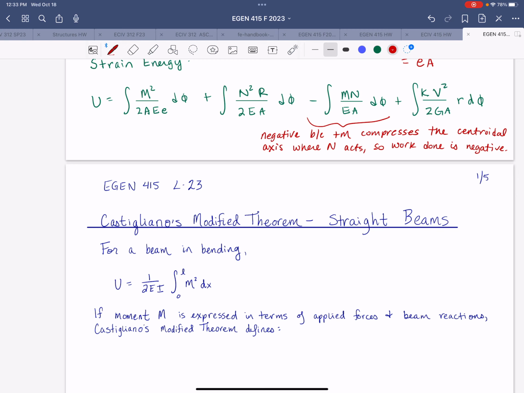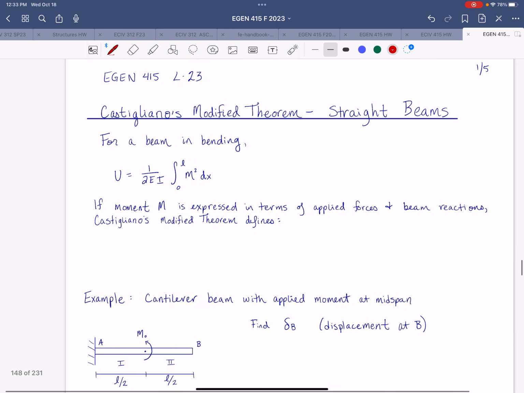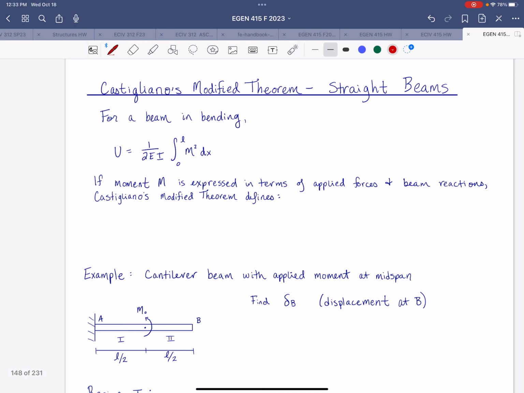All right, so now we'll start talking about Castigliano's modified theorem and apply it to straight beams. So, who's familiar with Castigliano's theorem from other classes? Anyone? A few? Okay.